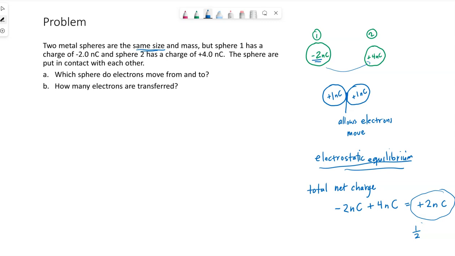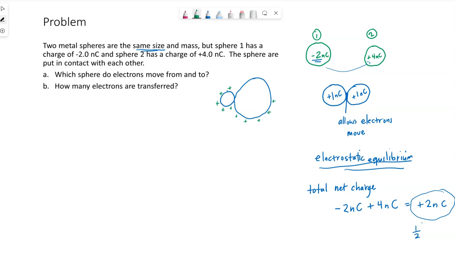If the spheres were different sizes, they wouldn't end up having half. So if one was bigger than the other, the electrons would move around until the charges were equally spaced on these surfaces.